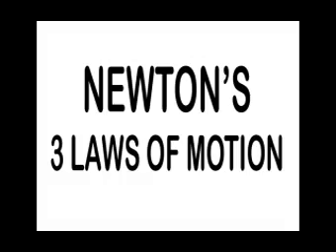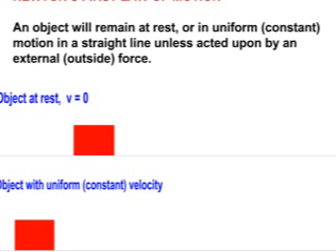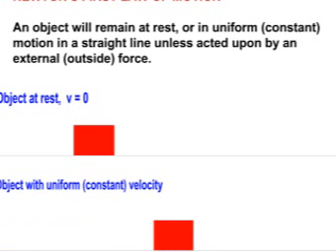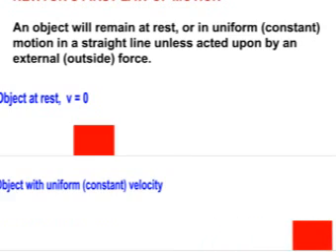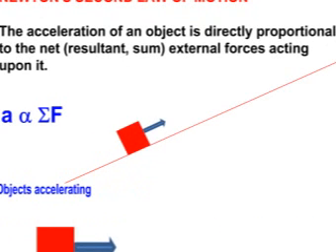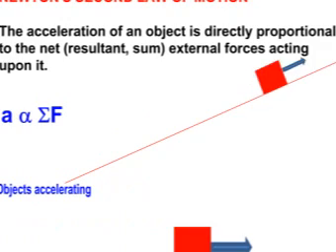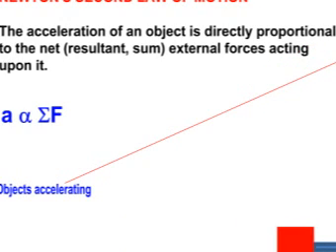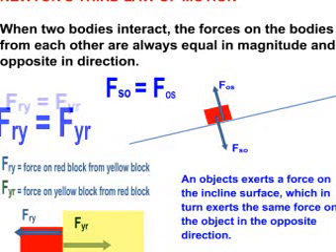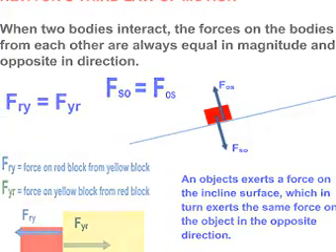The properties of force and the relationships between force and acceleration are given by Newton's three laws of motion. The first law describes the natural state of motion of a body on which no forces are acting. The other two laws deal with the behavior of a body under the influence of forces.